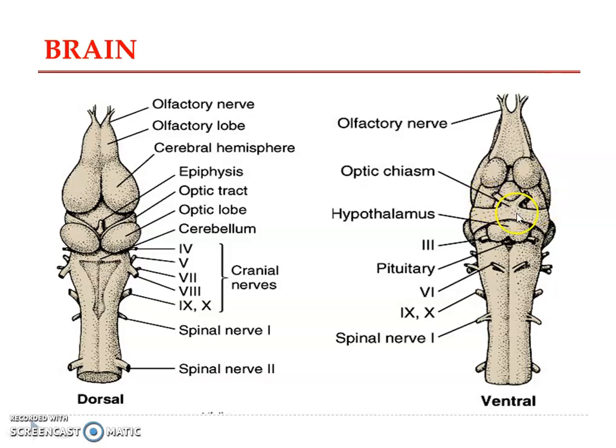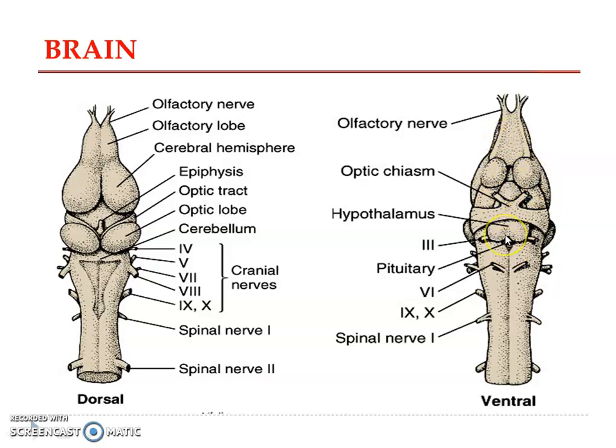From the floor of the diencephalon arises a small stalk-like structure known as the infundibulum, and on the distal end, the free end of the infundibulum, you can see the hypothalamus, I'm sorry, the hypophysis. It is not the hypothalamus, it is the hypophysis. Here it is written pituitary, and that is the hypophysis.